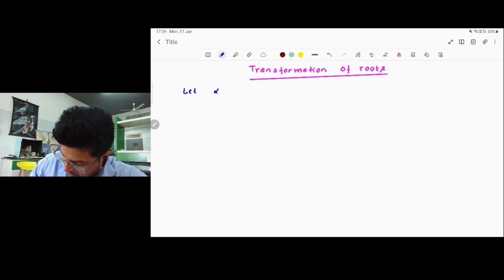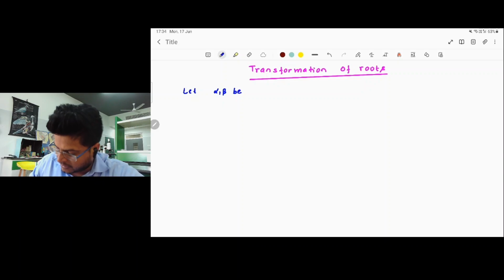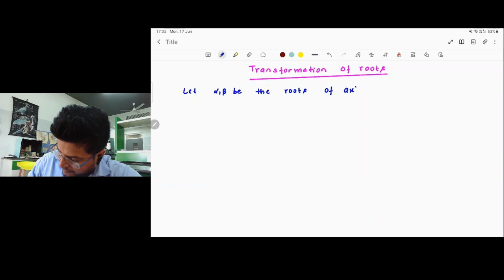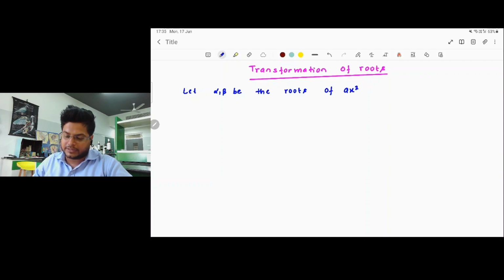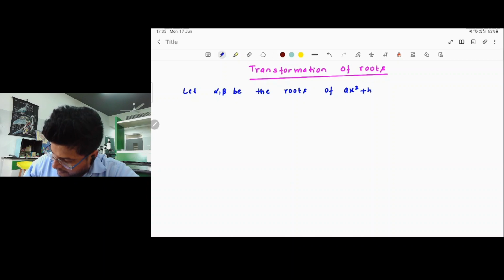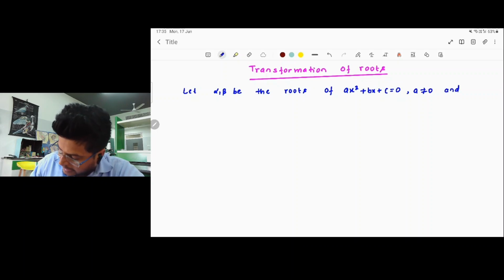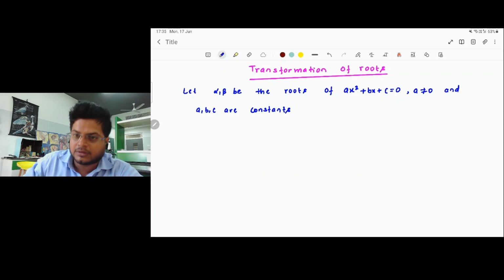Let alpha, beta be the roots of ax square plus bx plus c equals 0, where a is not equal to 0 and a, b, c are constants.